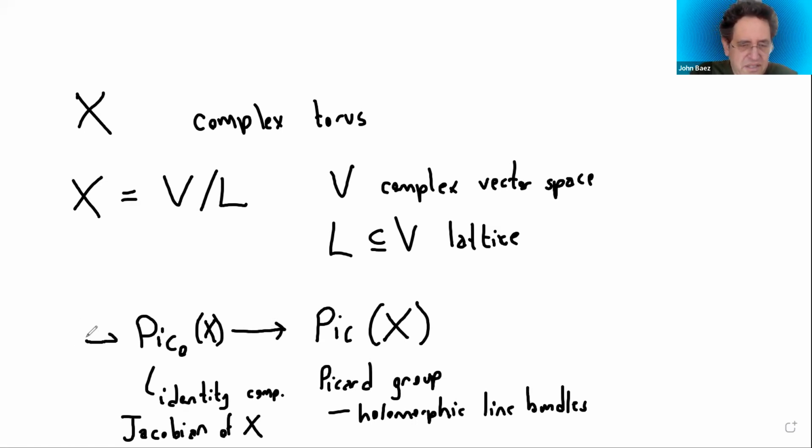That's sitting inside there. And then you can do a short exact sequence, a quotient group. This quotient group is one of the various ways to say what the Néron-Severi group is.